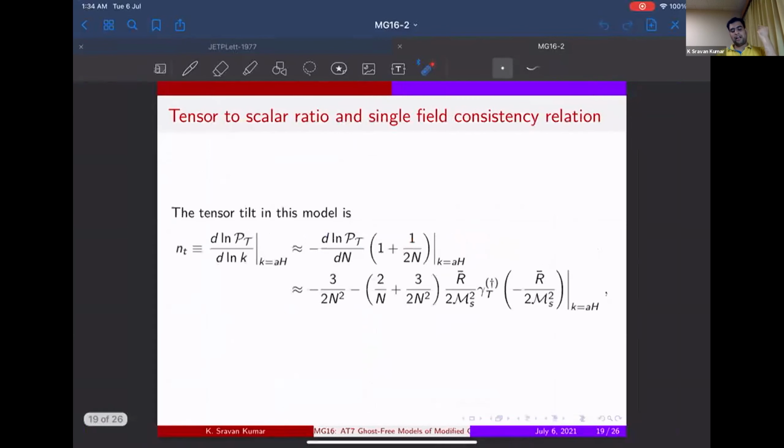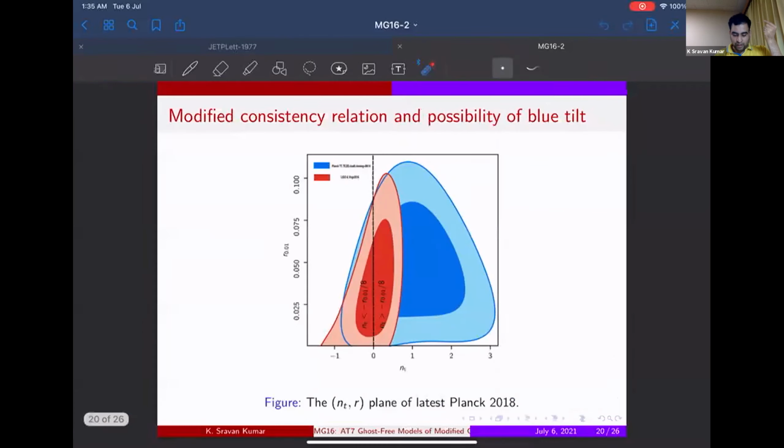As I said, there is another key parameter called n_T, the tensor tilt, which is basically the derivative of the tensor power spectrum with respect to k. And this again gets modified because of this new term in the action, Weyl f of box Weyl. This is the signature of this non-local modification of R square inflation, and something we can detect with future CMB and gravitational wave detectors.